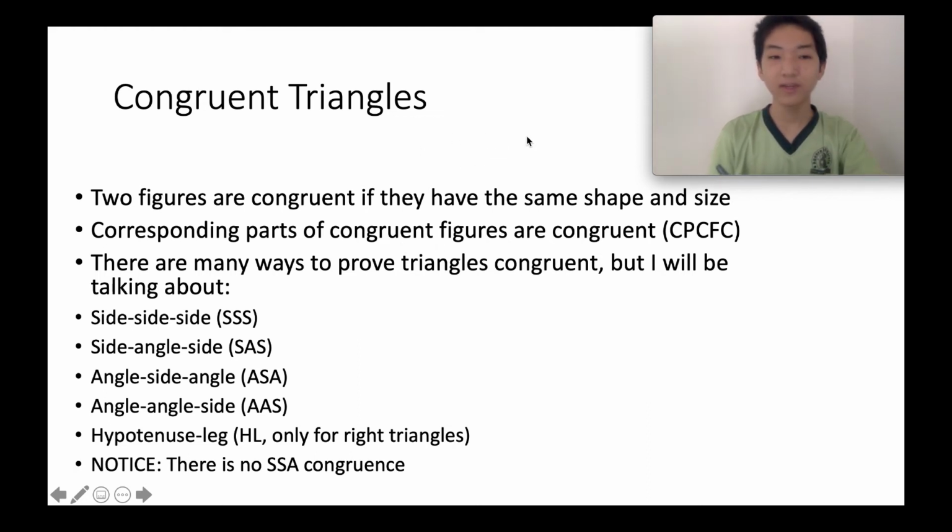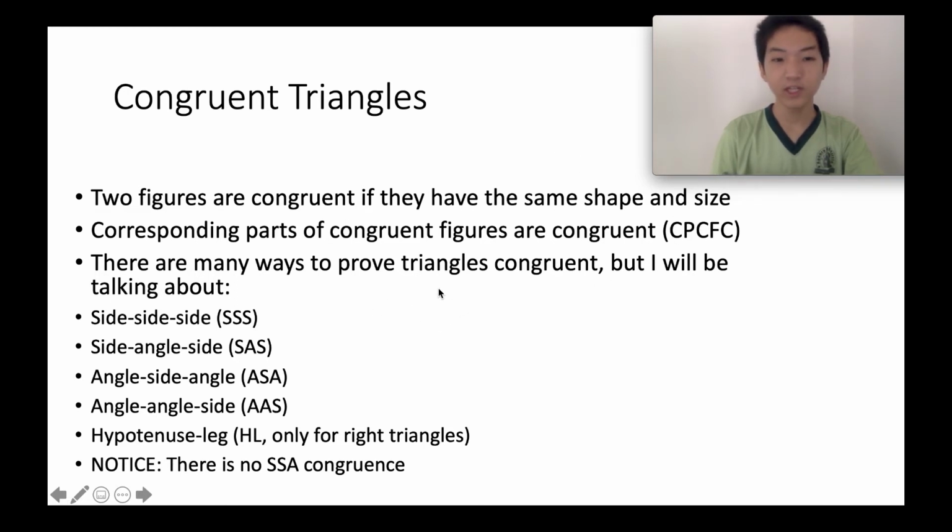Now, I'll be going over congruent triangles. This is very important for many geometry problems, even for ones that don't directly involve triangles. Two figures are congruent if they have the same shape and size. Corresponding parts of congruent figures are congruent. I'll be going over that more later.